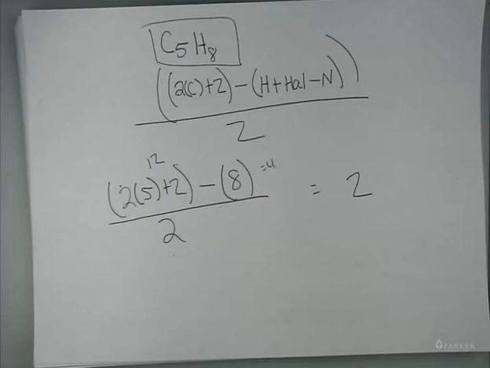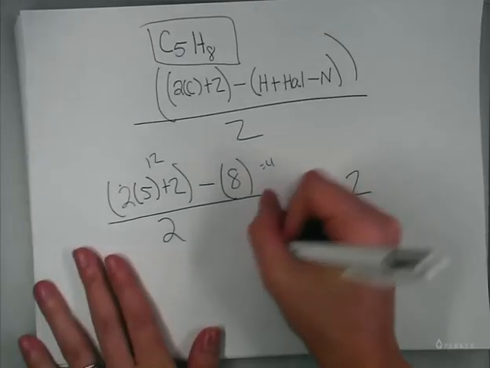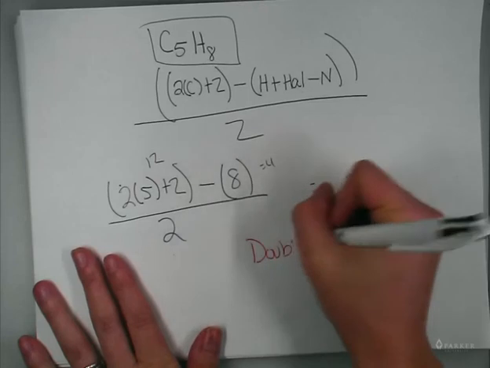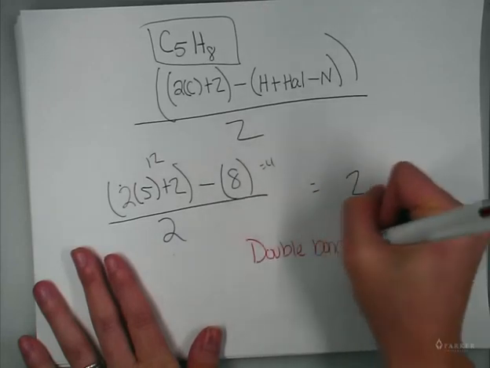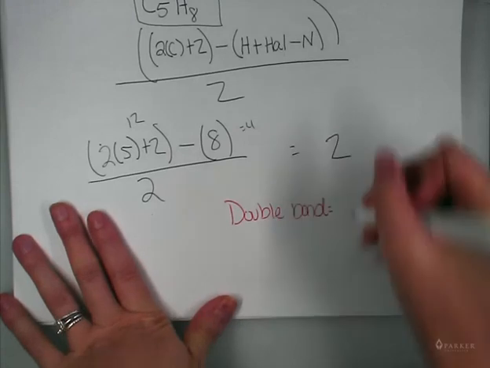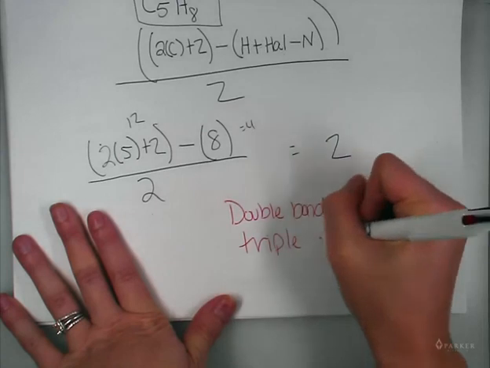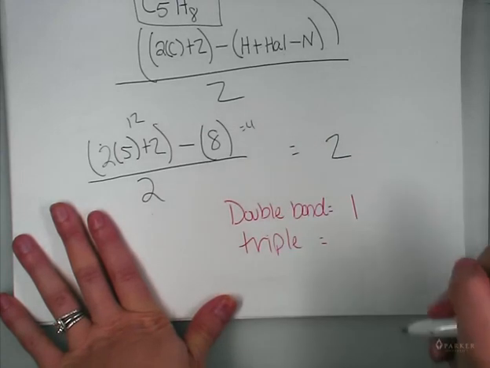Now let's think about what this tells you. How many hydrogens have you lost there? 4 total hydrogens. So let's think about this. A double bond has how many degrees of unsaturation? 1. A triple bond has how many?